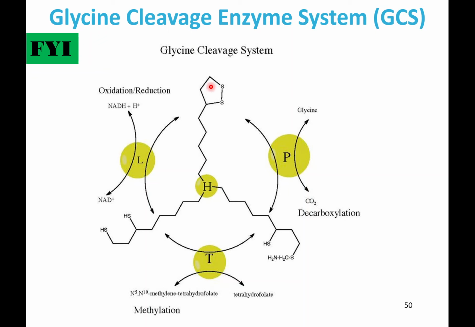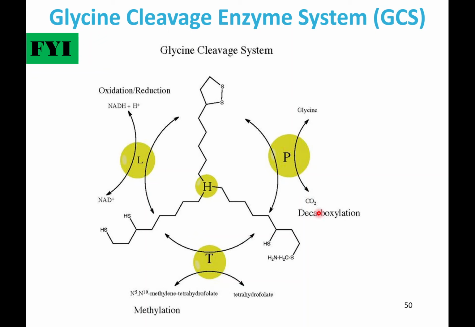You have a lipoic acid. It's a 4 protein complex instead of 3, but you have an H protein and a T protein that are sort of like an E2. A P protein, which is sort of like an E1, where you have a glycine.